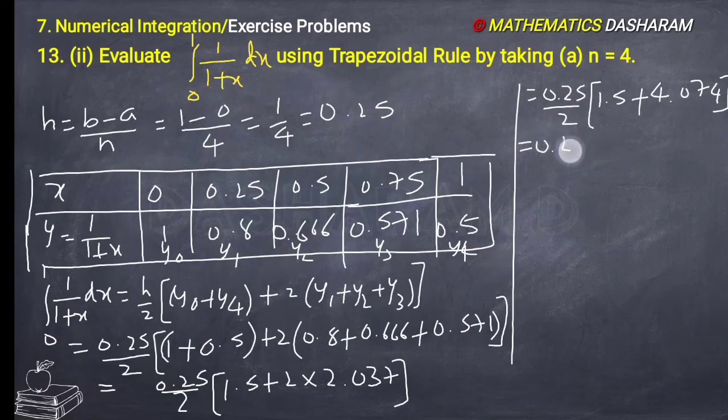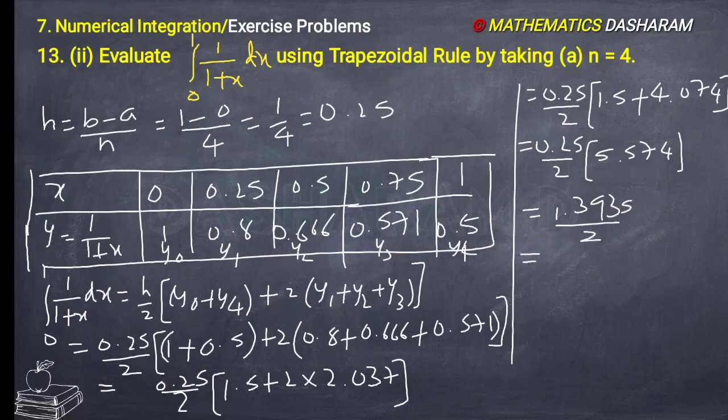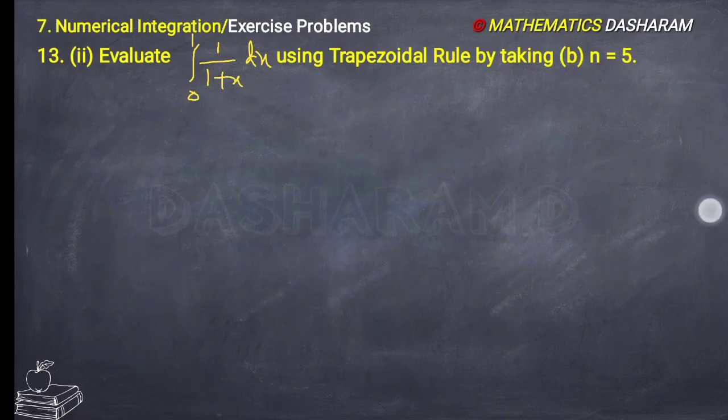So it is equals to 0.25 divided by 2, 1.5 plus 4.074 is 5.574. 5.574. So it is equals to 1.3935 divided by 2. So it is equals to 0.69675 is our required answer.